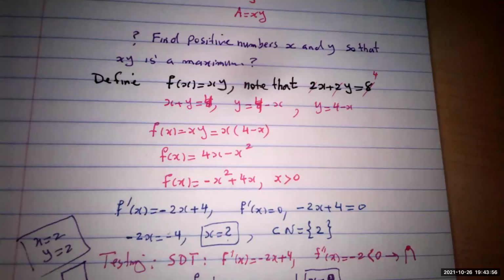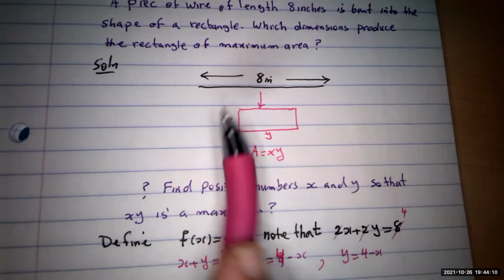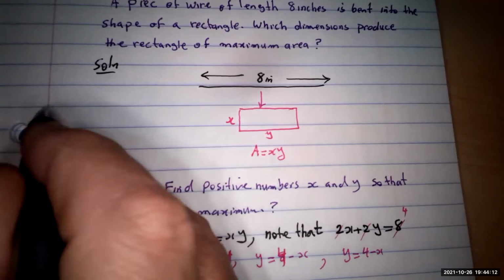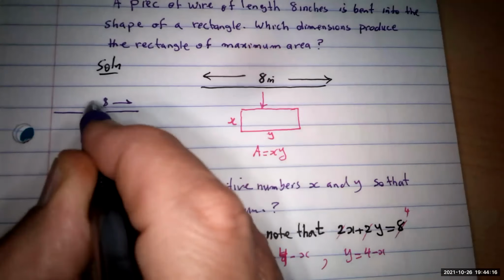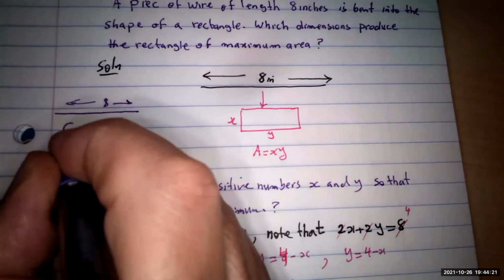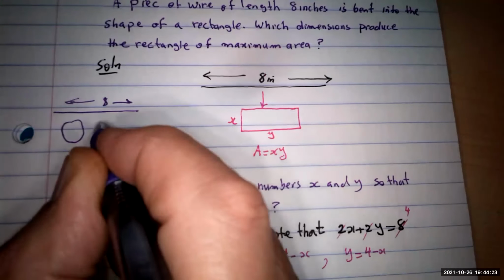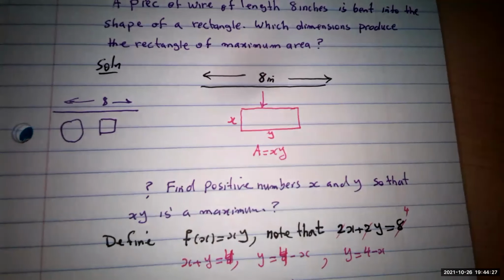So that was just for you to get the idea of how we do the abstract. Of course, the way Fermat did it, the problem is a little bit more involved than this one. Just for your information, he had a piece of wire. He cut it into two. He made a circle and a square.